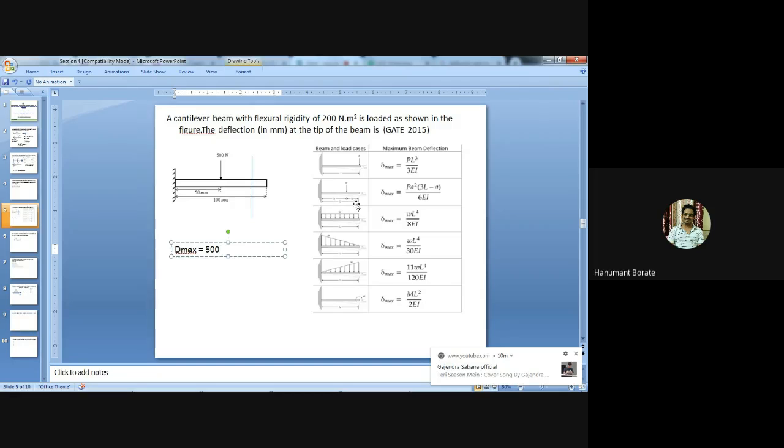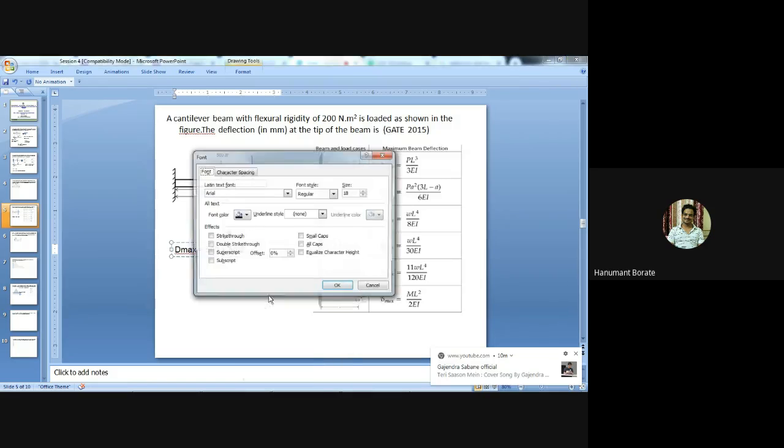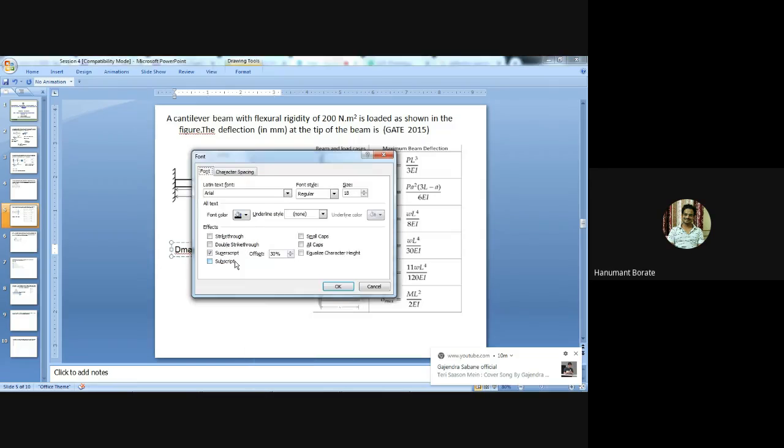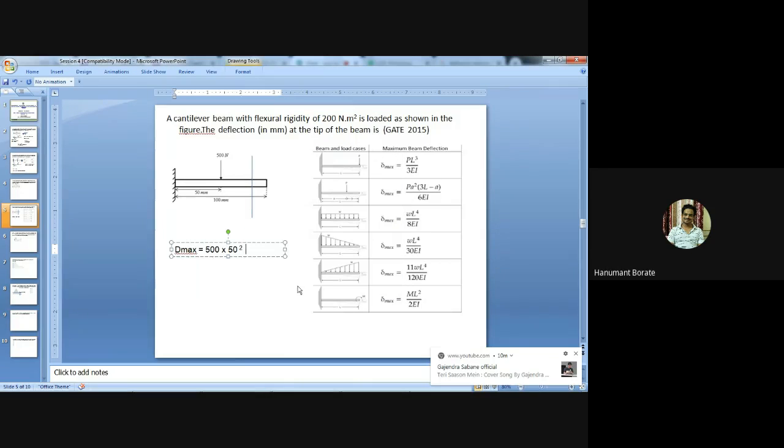I'm going to use this second formula, 500 into A square, meaning 50 square, into 3L minus A, that is 3 into 100, L is 100, minus A 50, divided by 6 EI.